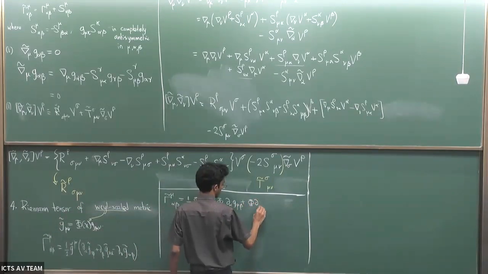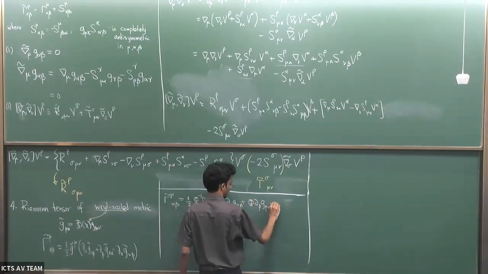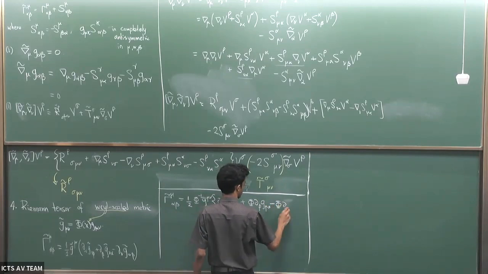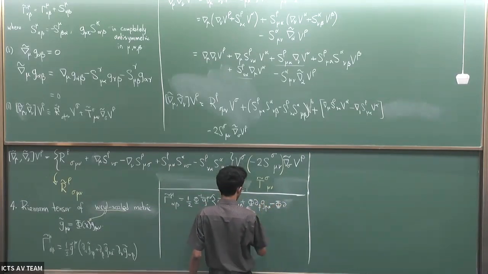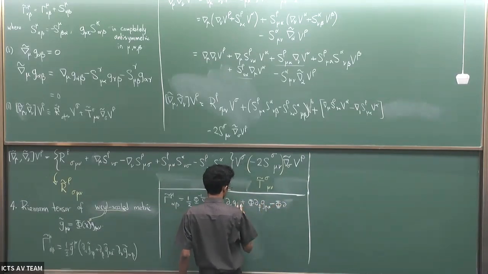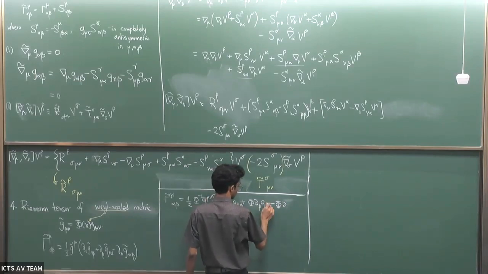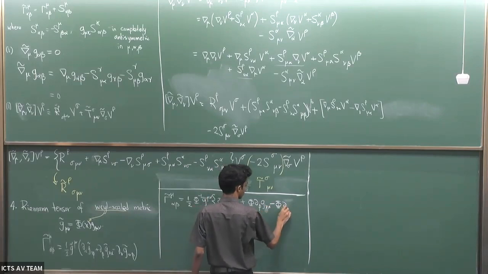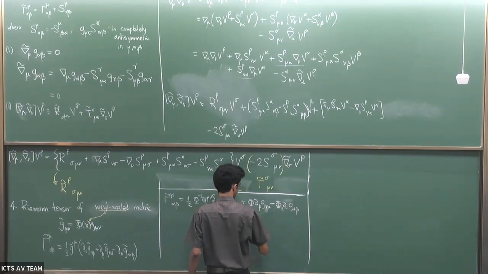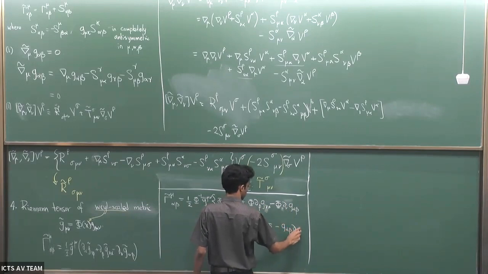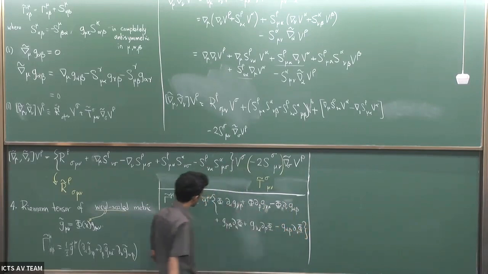Plus a phi del beta G mu alpha minus a phi del, sorry, mu G alpha beta. And then you have plus G nu alpha del beta phi minus G alpha beta del nu phi. You agree?